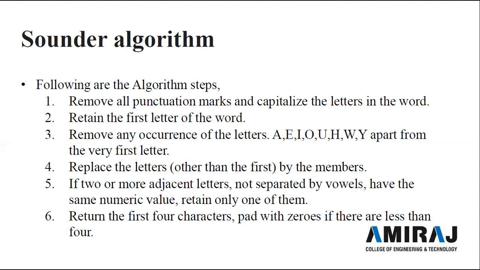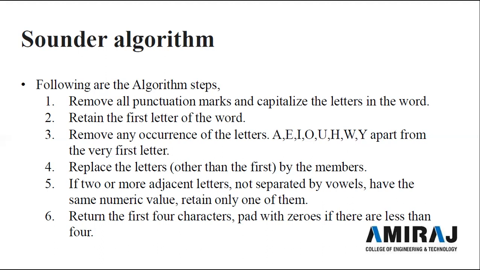If two or more adjacent letters not separated by vowels have the same numeric value, retain only one of them. So if we have a letter that is repeated more than one time, and these letters are adjacent to each other and they are not separated by vowels, then we will retain only one of them, only if they have the same numeric value.